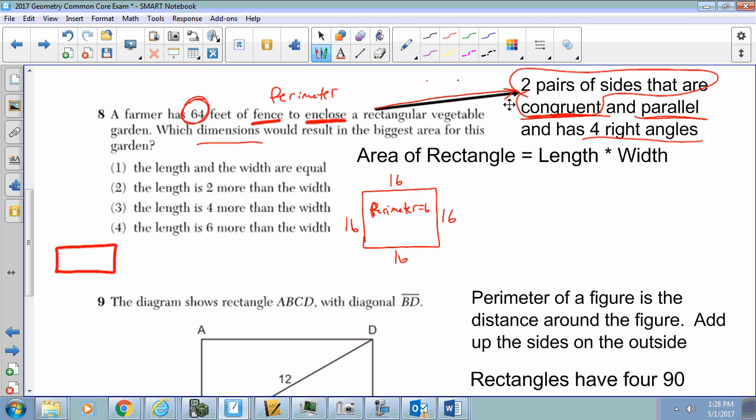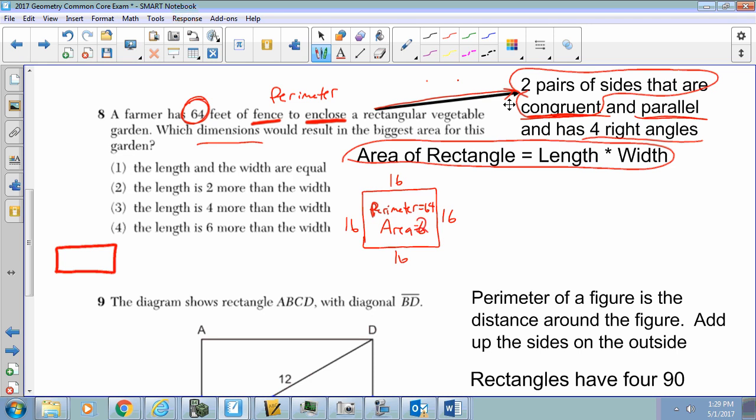So if they're all 16, the perimeter equals 64. The area, now that's the part I need you to write down here. Area is length times width. So when the lengths would be 16 and 16, I need to multiply that. 16 times 16. Hopefully you have a calculator that you're working with, so you already have the answer.